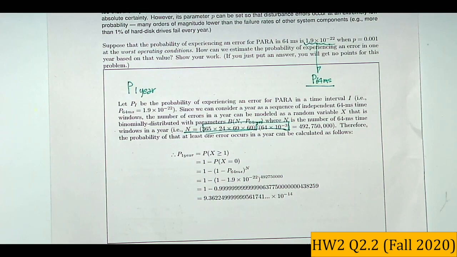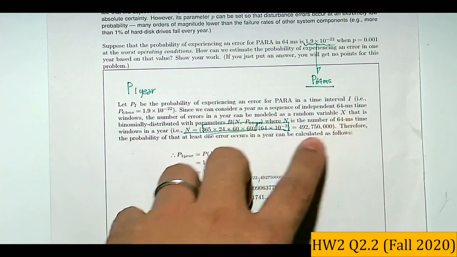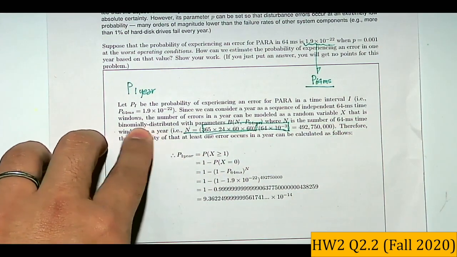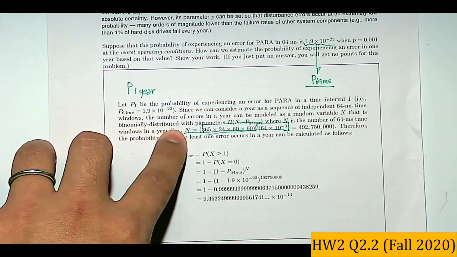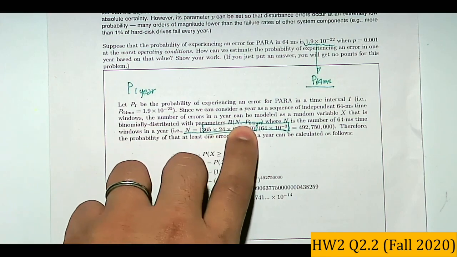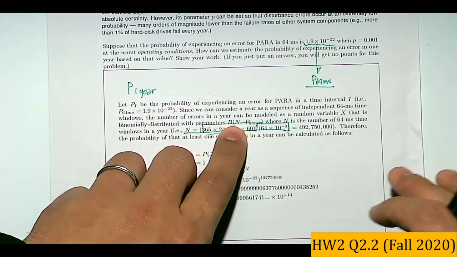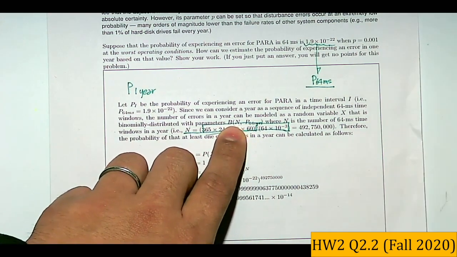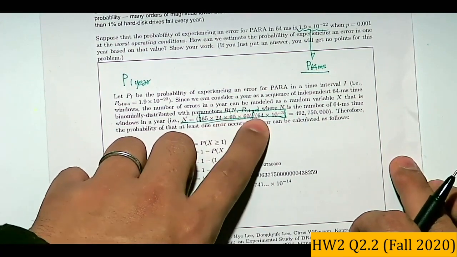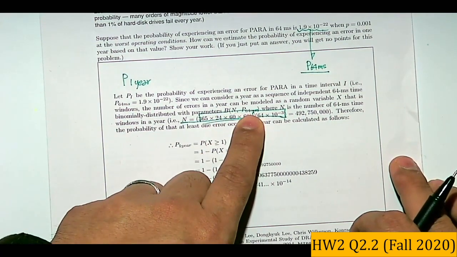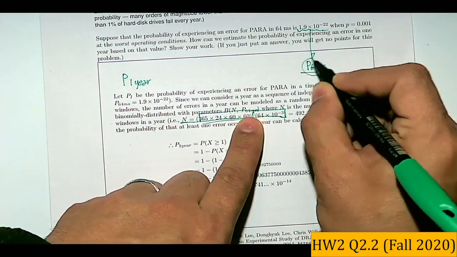The number of errors in a year can be modeled as a random variable which follows a binomial distribution with parameters n, the number of 64 millisecond time intervals, and the probability is this value.